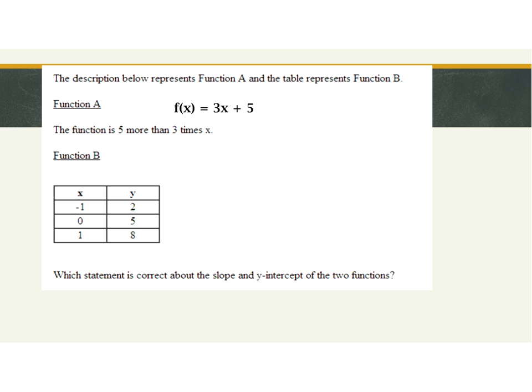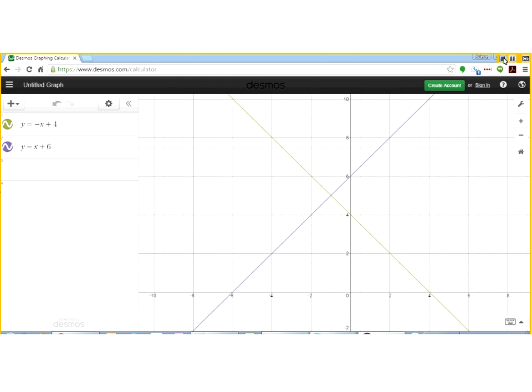Notice, they give you the y-intercept, don't they? What is my y-intercept? See that (0, 5)? That's your y-intercept.